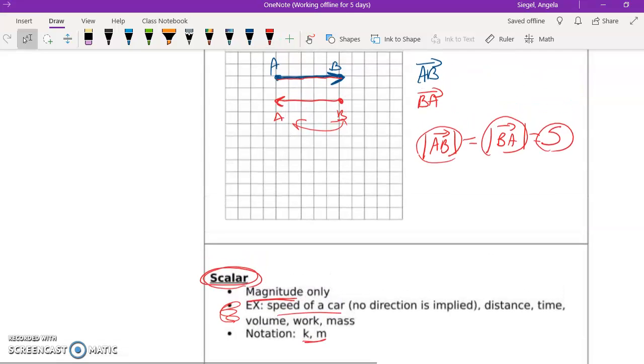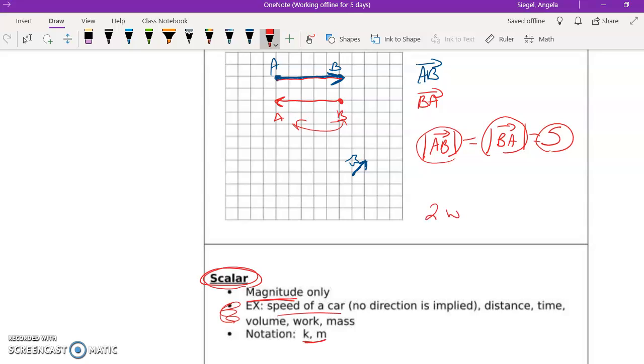I'm going to draw this vector right here. Notice it's like the diagonal of a square, and I'm going to call that W. If I make another vector that is 2W, it's going to be this and this diagonal, so that whole thing is 2W.